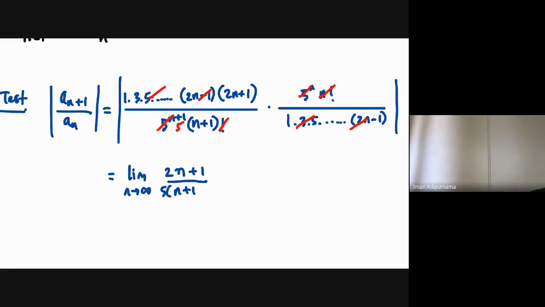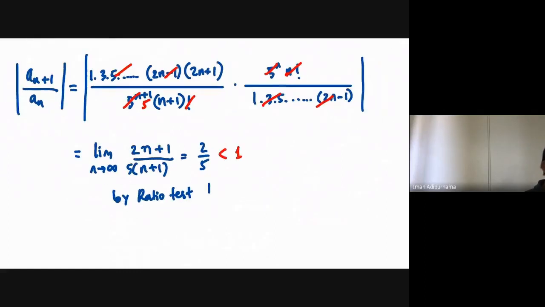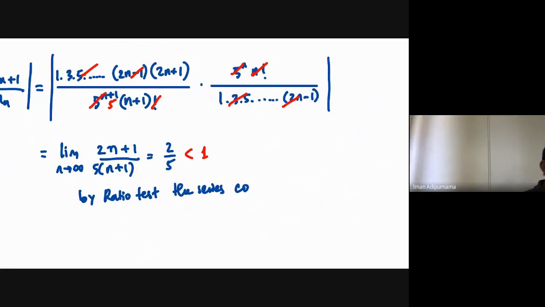Oh, 5. Forget 5. So this will be 2 over 5, which is less than 1. So by the ratio test, the series converges.